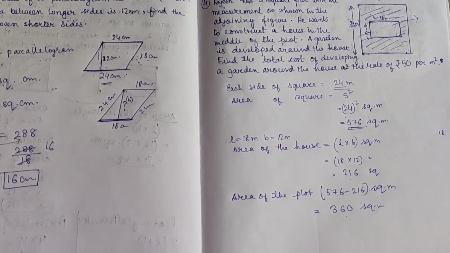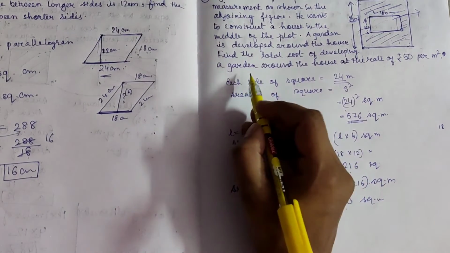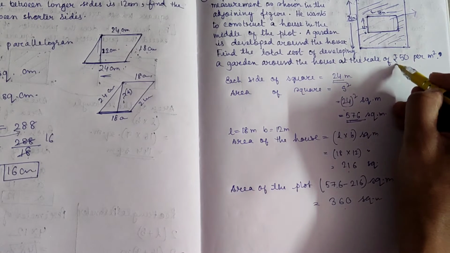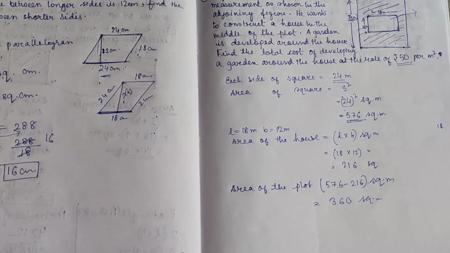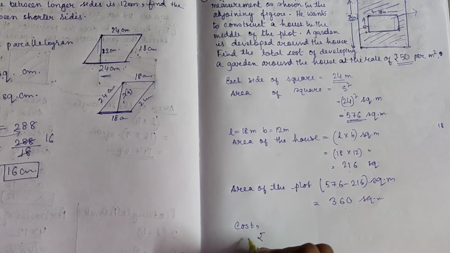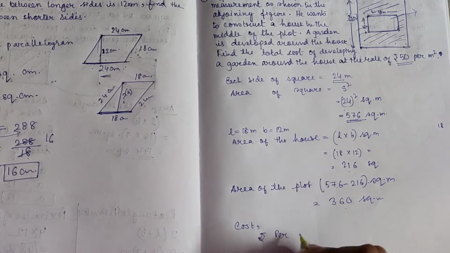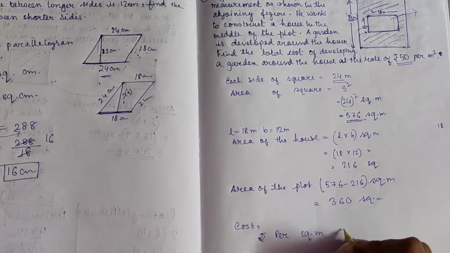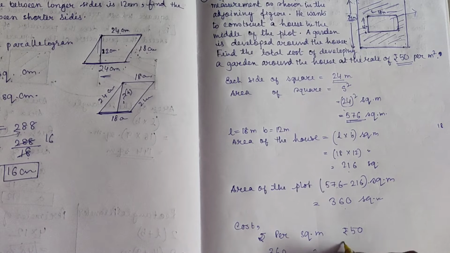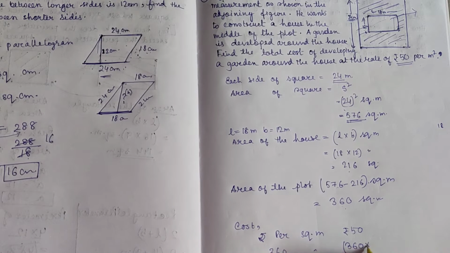Now in the question it is given that the cost of developing the garden is rupees 50 per square meter. So the cost is how much? Per square meter, rupees 50. So 360 square meter will cost 360 into 50 rupees.